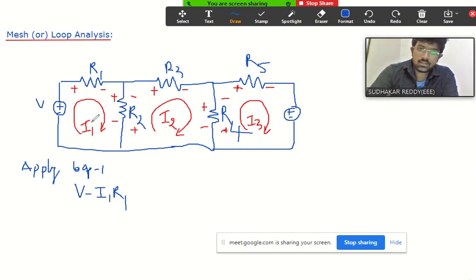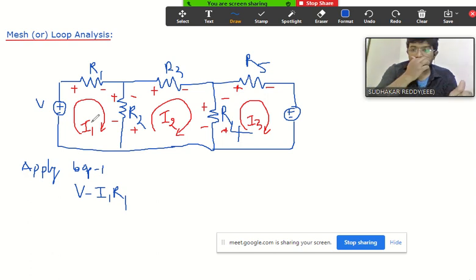For the first loop, if you are writing KVL for the first loop, assume that your first loop current I1 is more than the remaining loop currents. Again, it is also an assumption only.